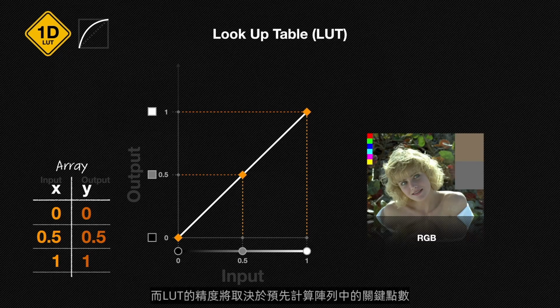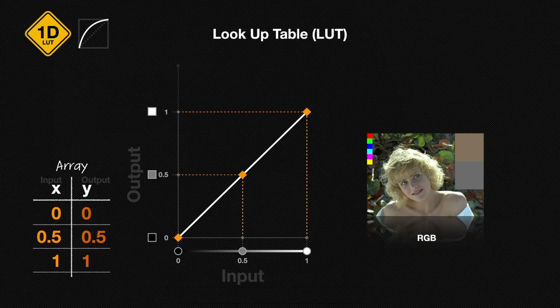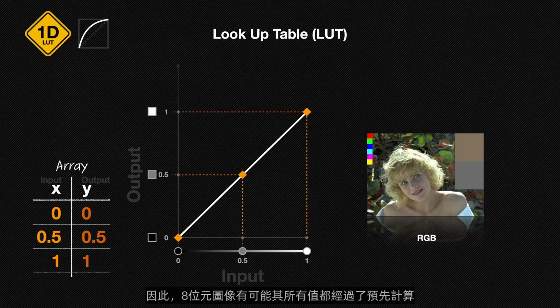The precision of the LUT will depend on the number of keys in the pre-calculated array. In an 8-bit LUT, you will have up to 256 keys. So, in an 8-bit image, you will have all its possible values pre-calculated, while the same LUT applied to a 10-bit image with its 1024 values will have only a quarter of the values pre-calculated, and the others will be interpolated linearly, resulting in a loss of precision.